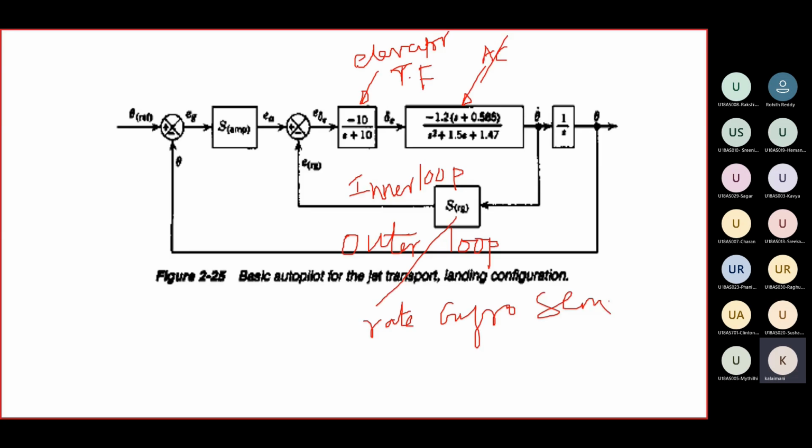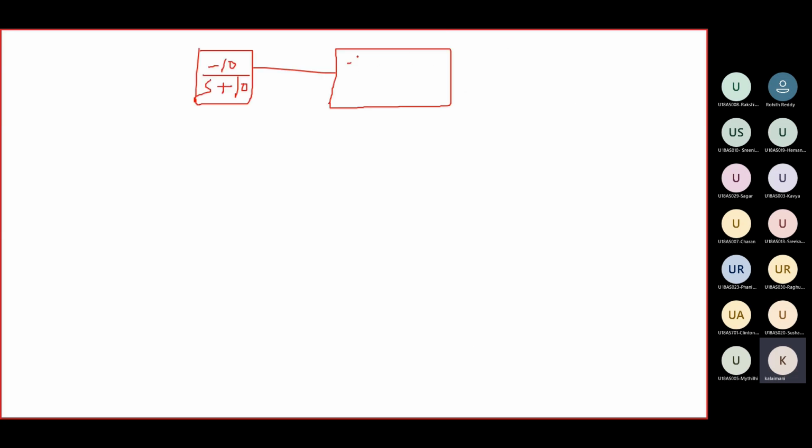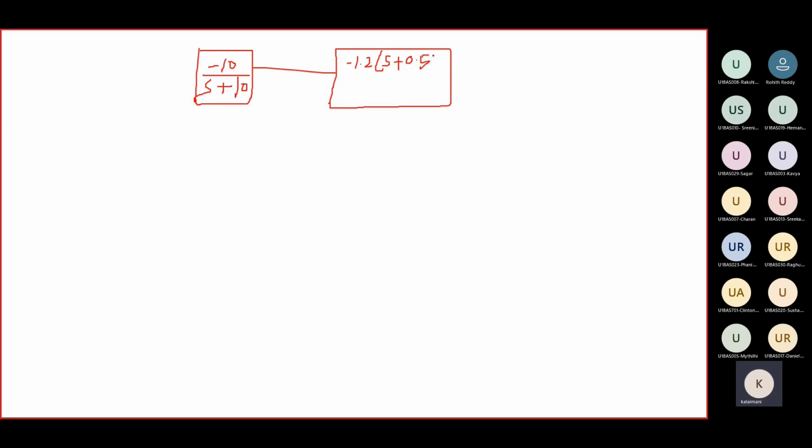The aircraft transfer function is minus 1.2 times S plus 0.585, divided by S square plus 1.5 S plus 1.47. From that I get theta dot, and rate feedback is given here.